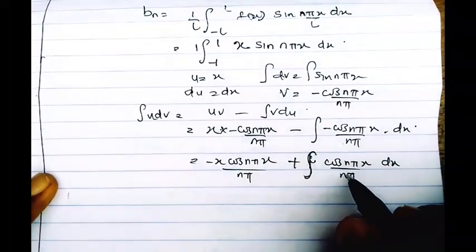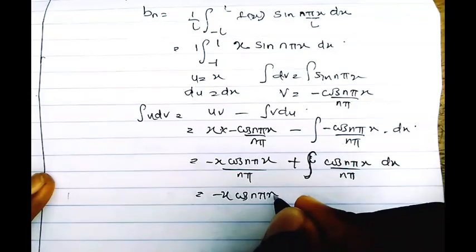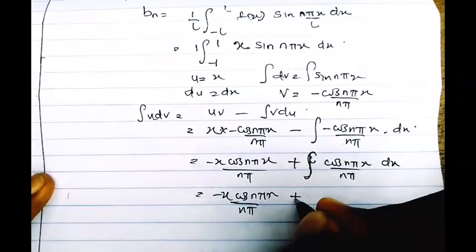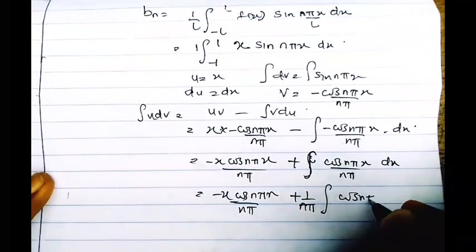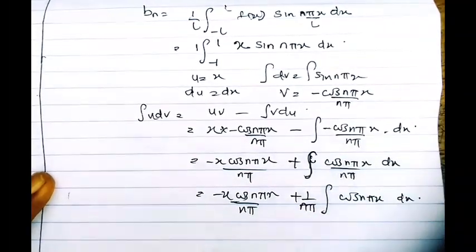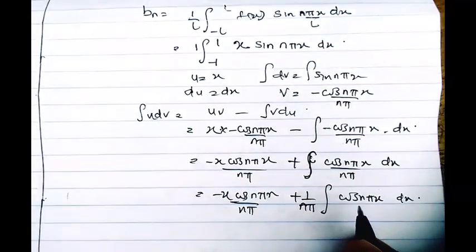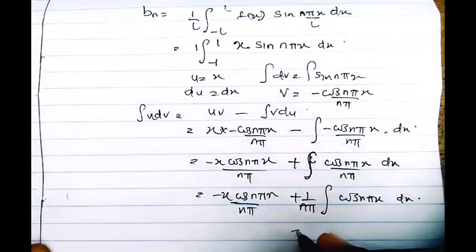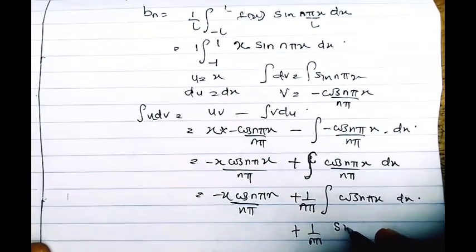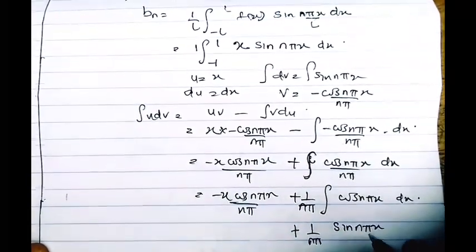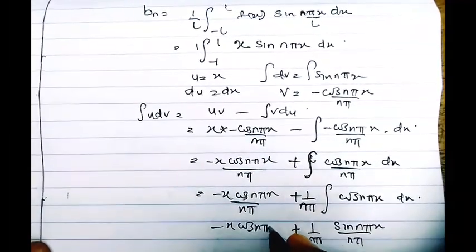Taking the constant outside of the integral sign, this is minus x cos n pi x over n pi plus 1 over n pi times the integral of cos n pi x dx. This is a simple, standard integration. Integrating this, we have 1 over n pi times sine n pi x over n pi.